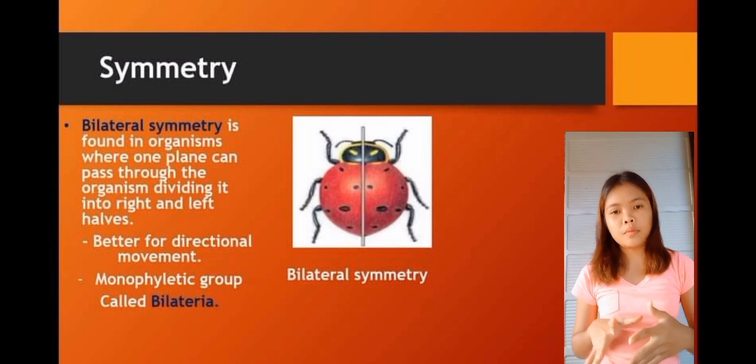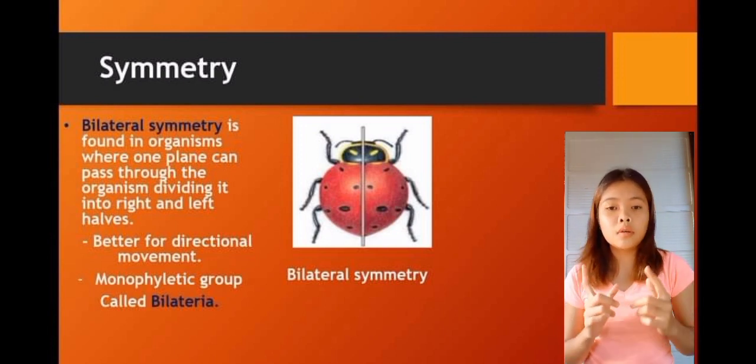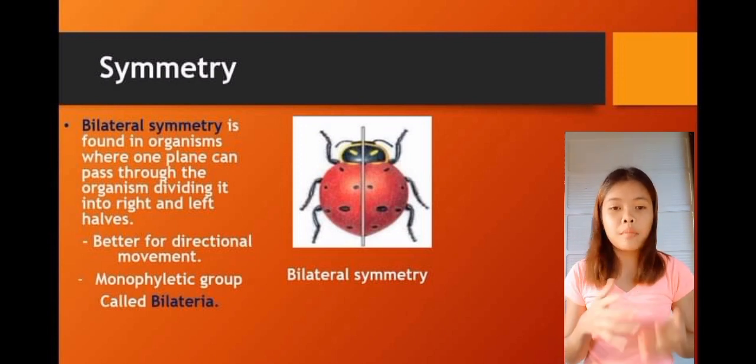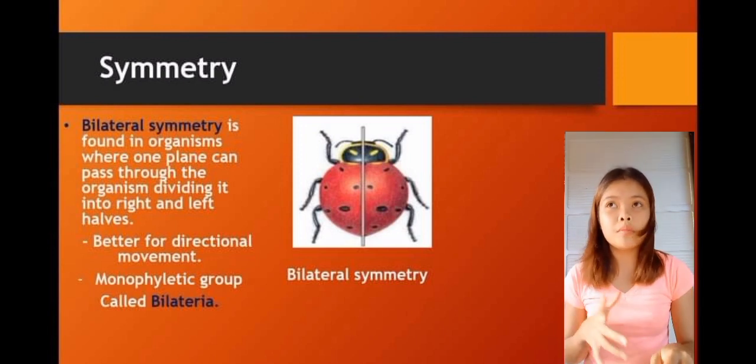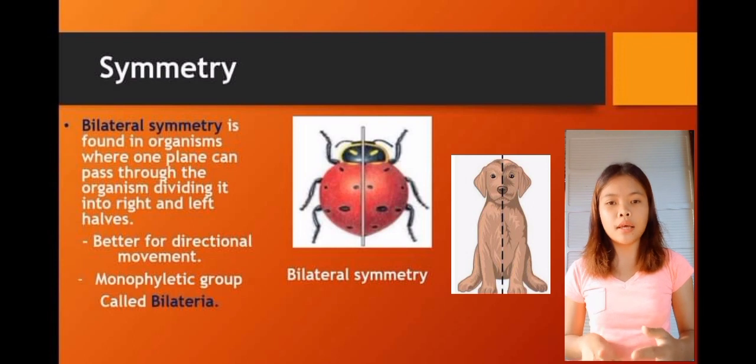Bilateral symmetry means that if we draw an imaginary line from the skull that divides the body into two equal halves, both halves possess one eye, one ear, one nostril, and many other features, and they appear to be a mirror of each other. As you can see, we draw a line from anterior to posterior through the center of the body, dividing it into two equal halves.